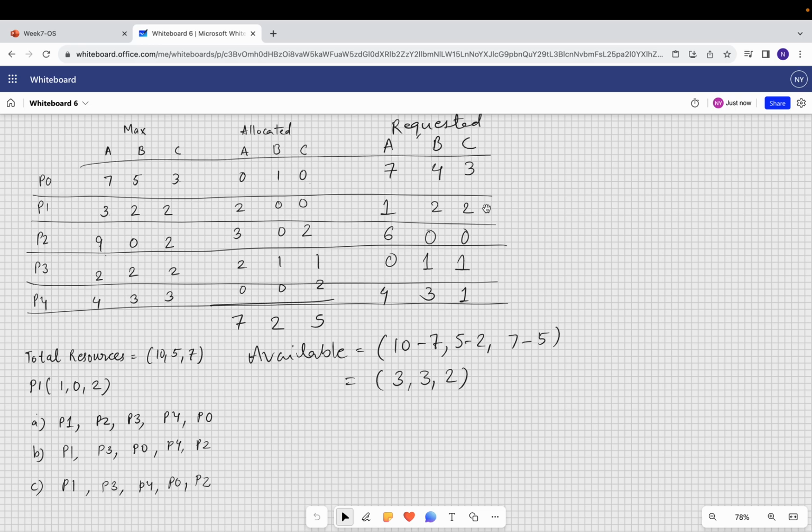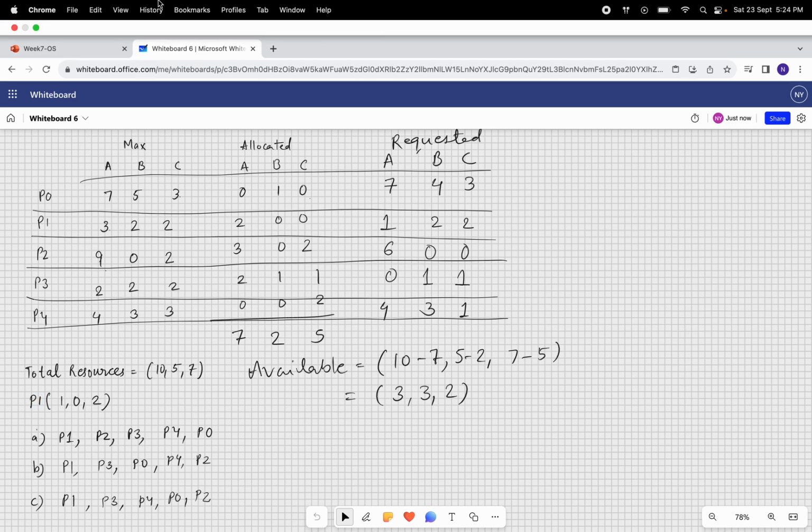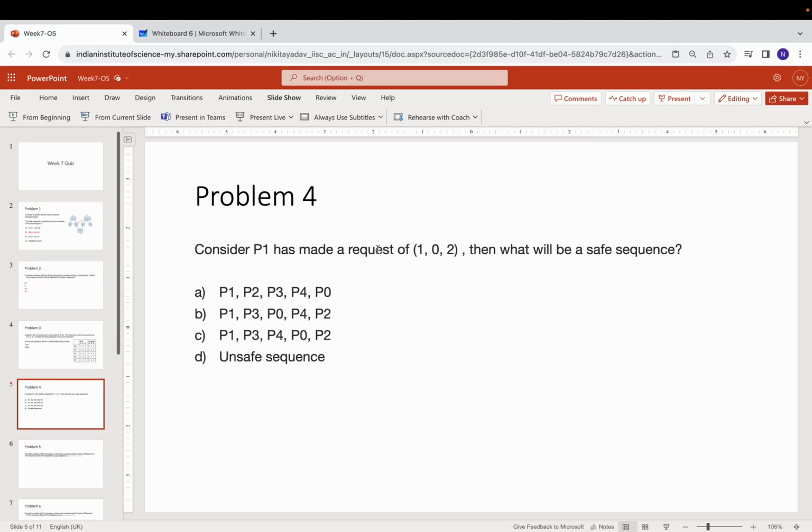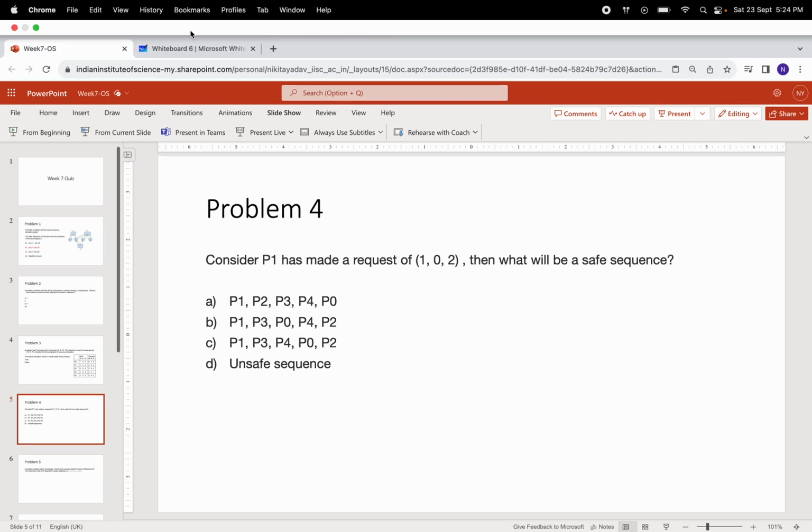Then we are given that if P1's request is serviced first, and P1 has made a request of 1, 0, 2, then what will be a safe sequence?